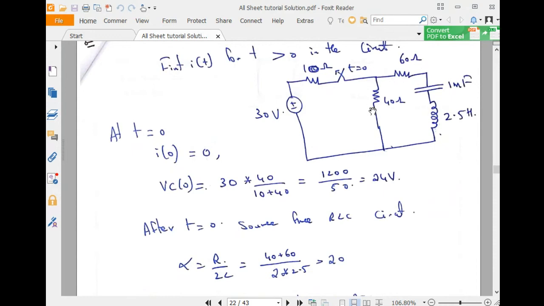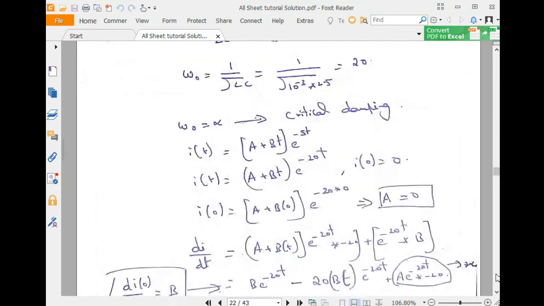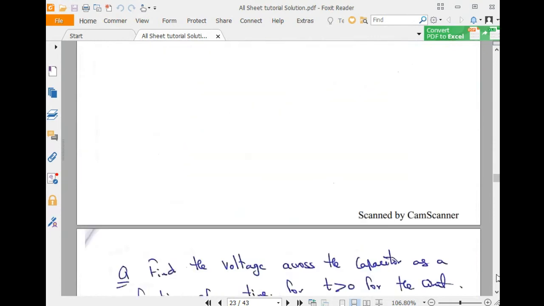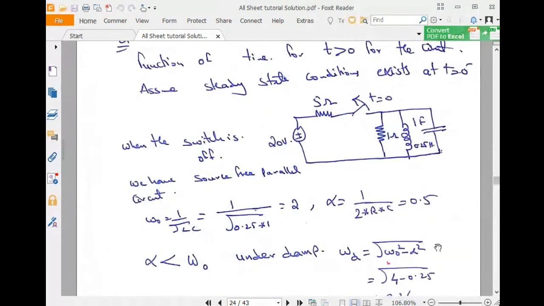In the place of R, you have these two resistors, 60 and 40. So shall we do this problem or will it be homework? This is also a simple circuit.